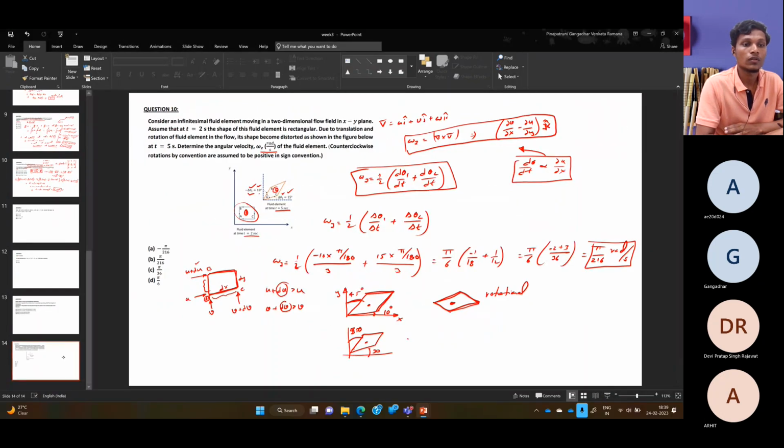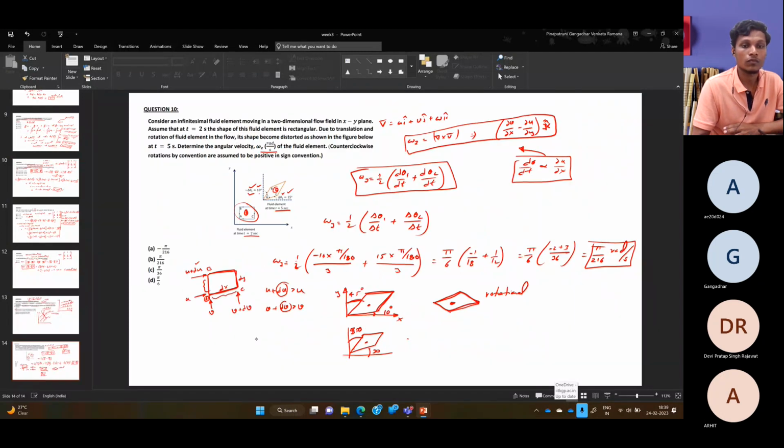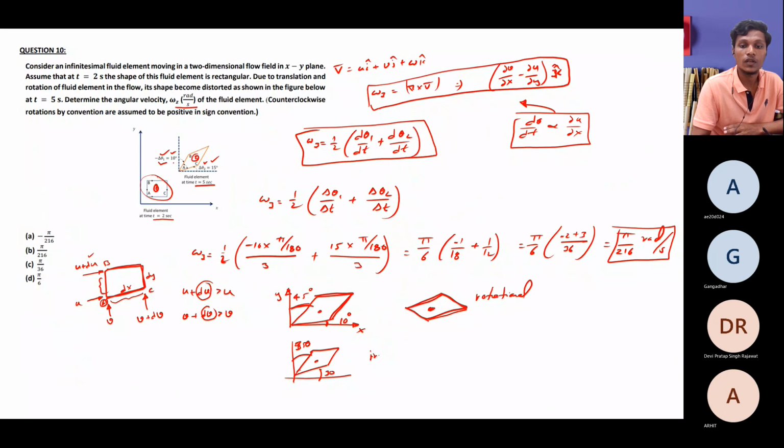This kind of flow is called irrotational flow, but it is highly deformed.